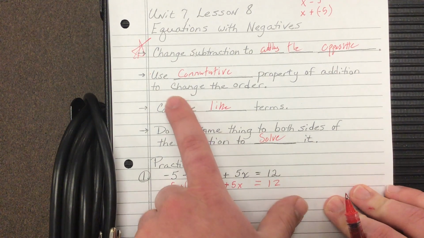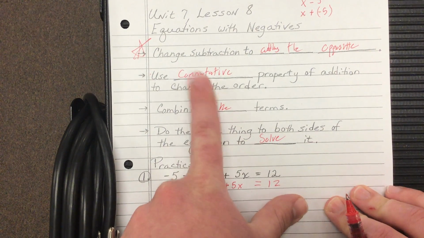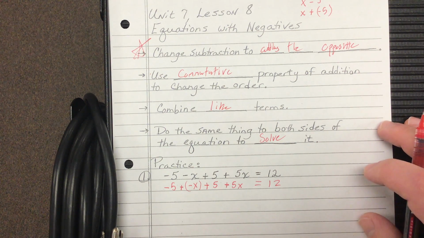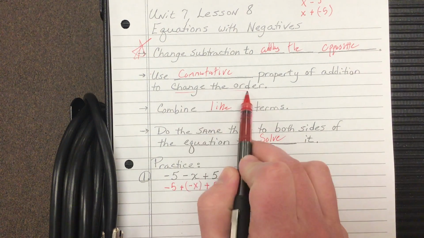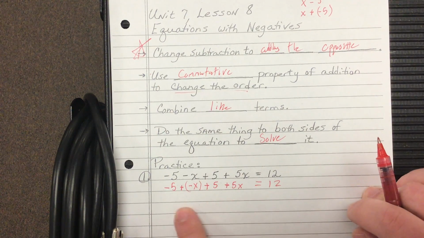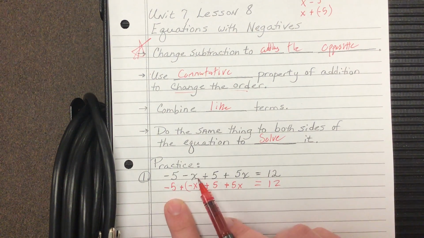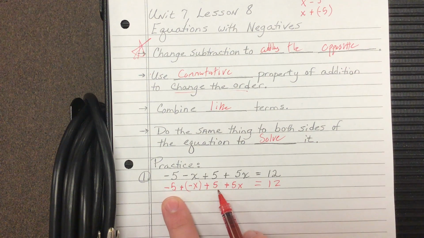All right, so what's next, Caleb? Commutative property. We're going to change the order. All right, so we're gonna get all our like terms together. Is -5 and -x like terms? No, this one doesn't have an x. We can't combine those. Is -5 and +5 like terms?